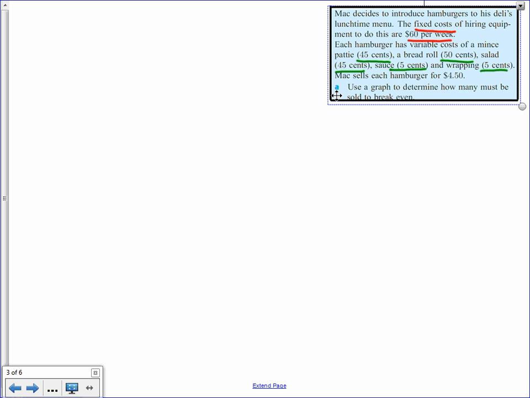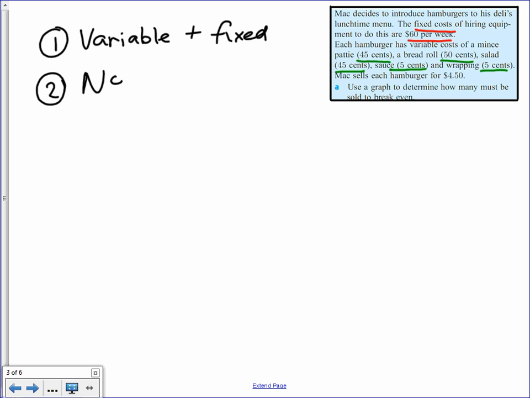Remember, we've got our 2 equations that we're going to need, variable and fixed. The first one has your variable costs and your fixed costs. So we'll work on number 1 first.